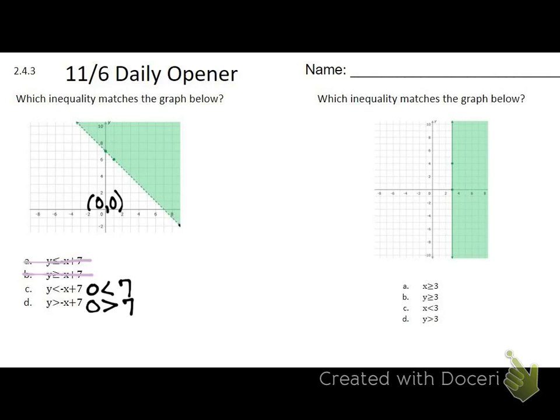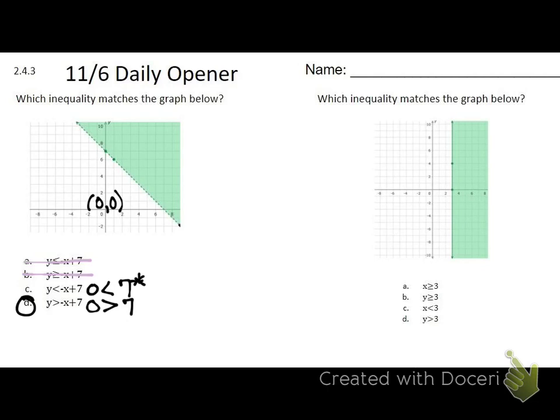It's D. It is going to be D, because it's not true. This one actually is true, but if it was true, that would mean this side is shaded. Since that side is not shaded, the solution was false, so we're going to go with D.